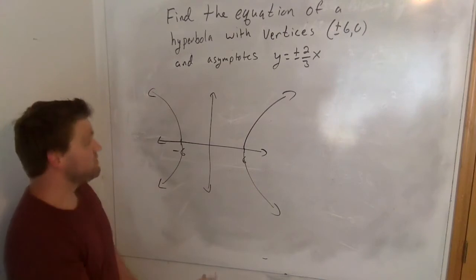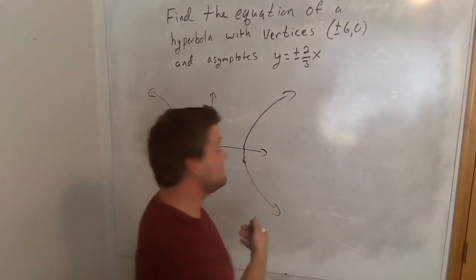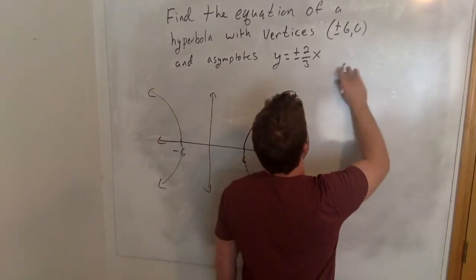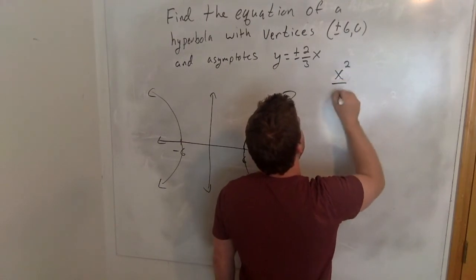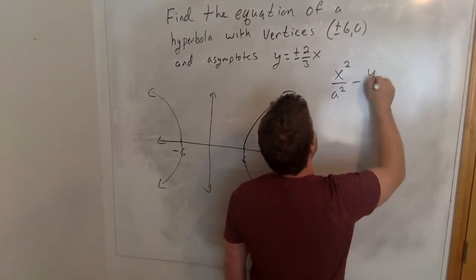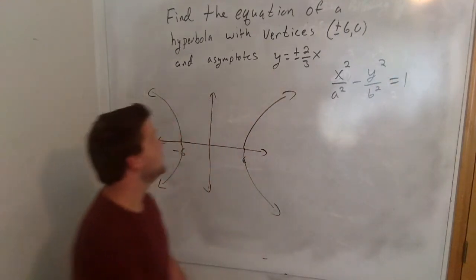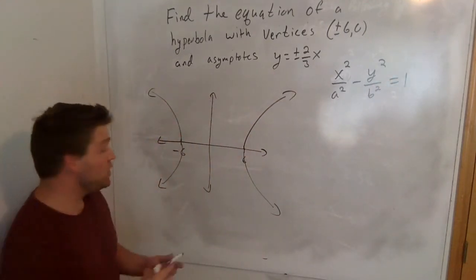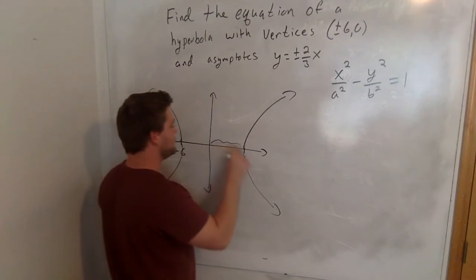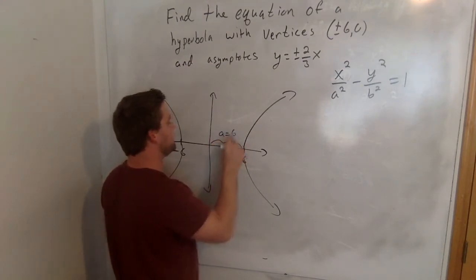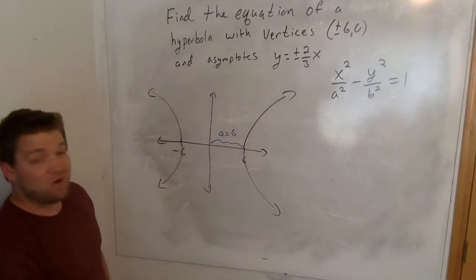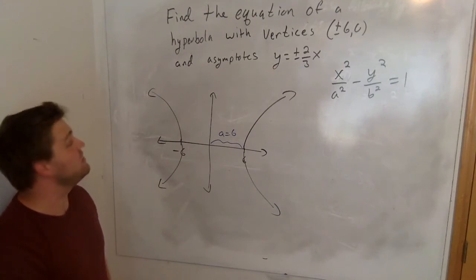Okay, so this tells us that the general equation of this hyperbola will be x squared over a squared minus y squared over b squared equal to 1. Well, we already know what a is. So here we have that a will be equal to 6. And now we need to think about what b is.